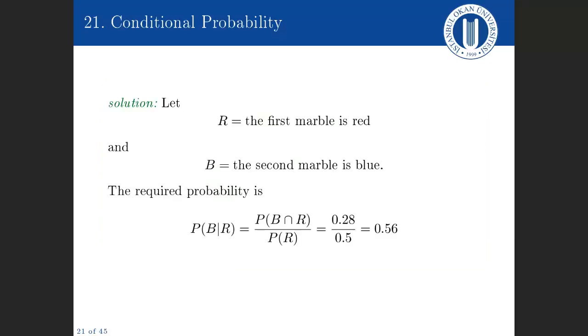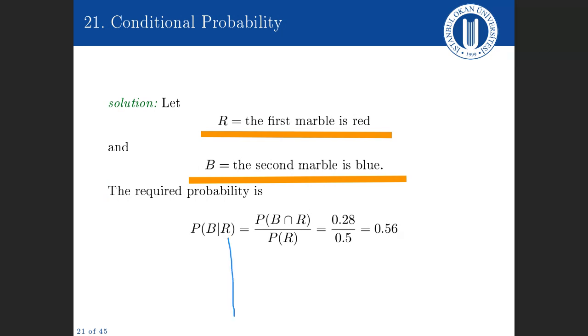So we're going to be doing conditional probability. R is going to be the event that the first marble is red, and B is going to be the event that the second marble is blue. We know that the first marble is red, and we're asked to calculate the probability that the second marble is blue.